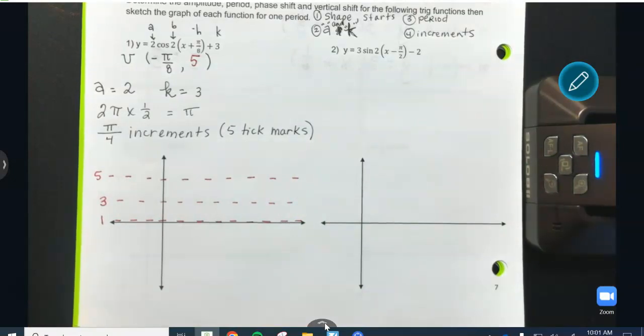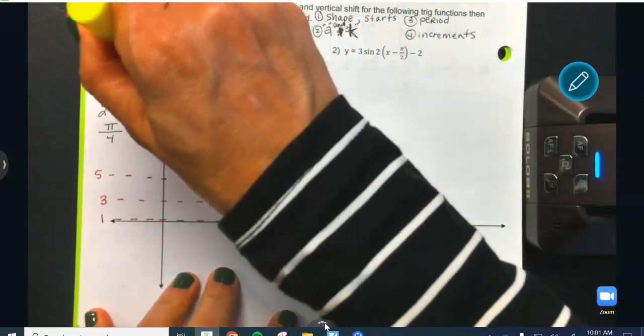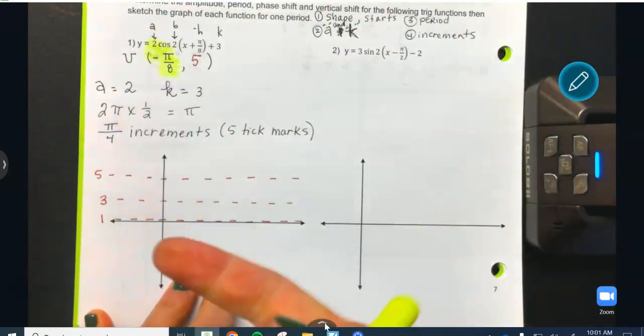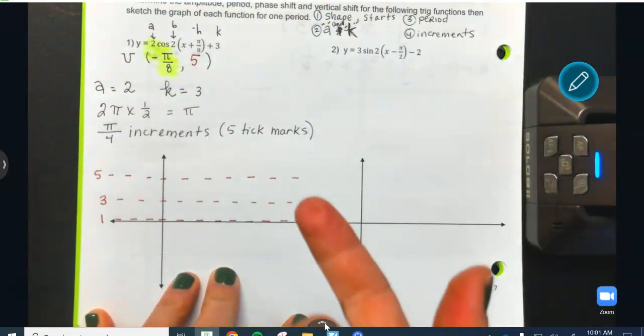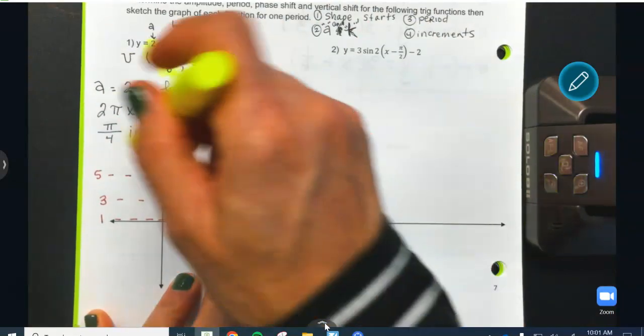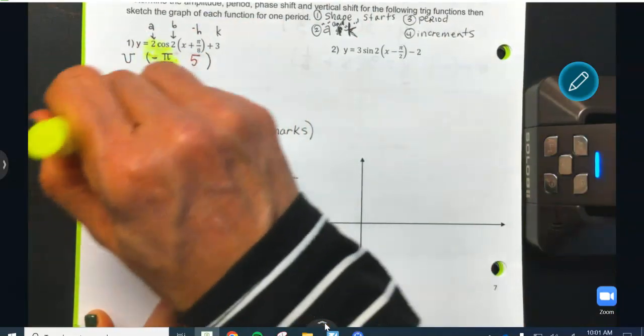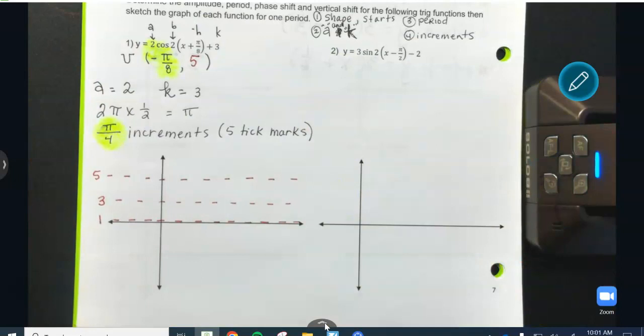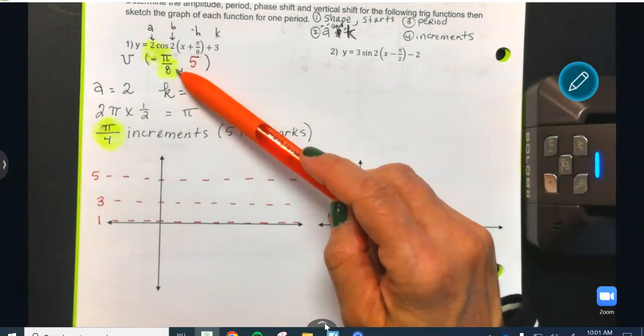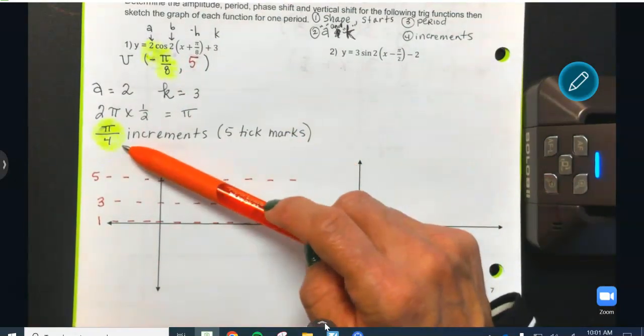Here's why you really need to bring everything you know about fractions. This is where it starts. That's where I'm going to put the first tick mark on the x-axis. But the rest of them increase by that. Those aren't even the same denominators, and I need the same denominator to add as I go across. You can never go down, so I cannot write this pi over 8 as a fourth.